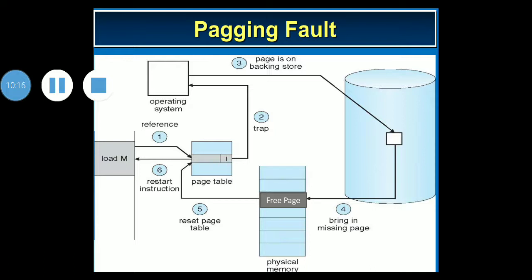This is trapped by the operating system. The operating system will search whether the page is available on the secondary storage or not. If it is available in the secondary storage, that page is brought to the primary memory by a process of swap in, and then again the instruction is executed. If the referenced page is not available in the page table, it is termed as a page fault.